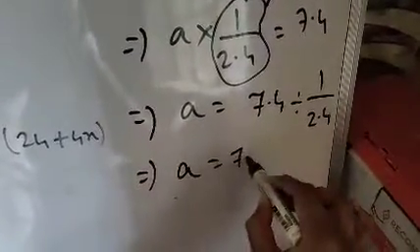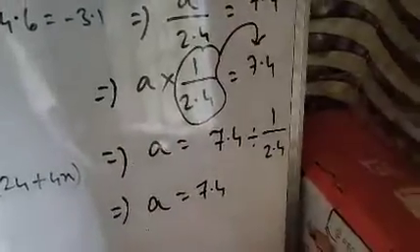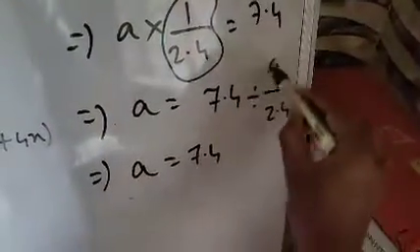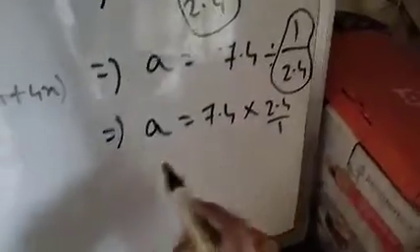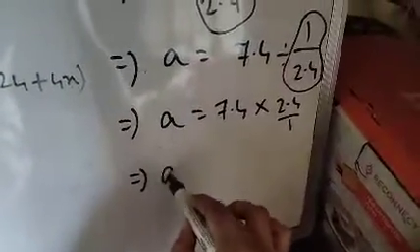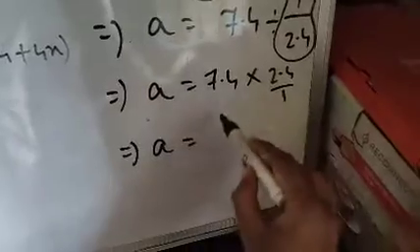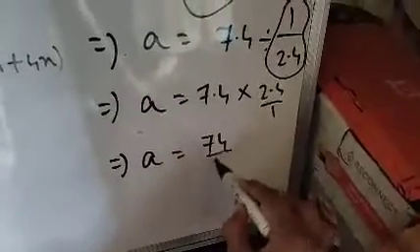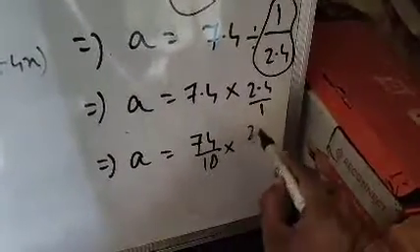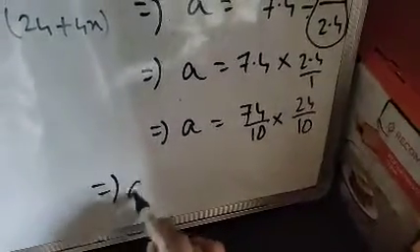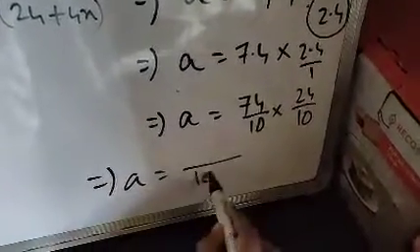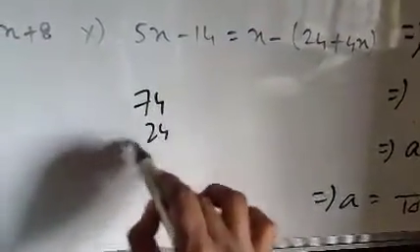Now converting division to multiplication, this will be the reciprocal. That means 2.4 by 1. So a will be 74 by 10 into 24 by 10, omitting the decimal point. Therefore a will be 74 and 24 over 100. So calculate 74 and 24.